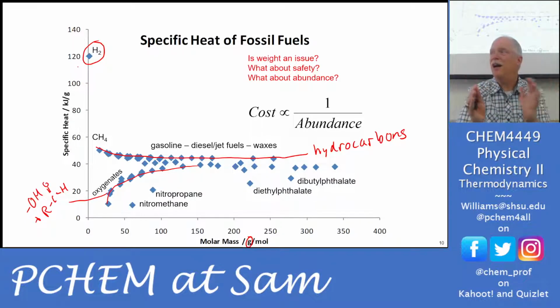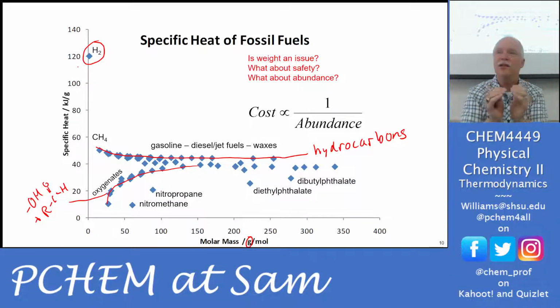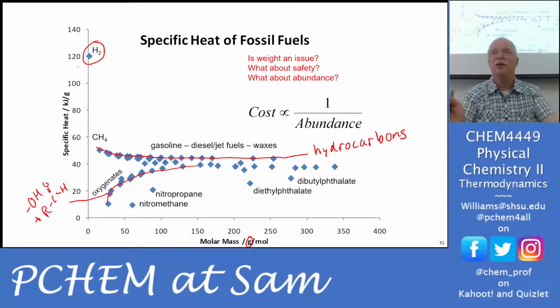So it turns out that this is not a good solution for transportation because it's so hard to put a lot of hydrogen in a small space. It's the least compressible. And if you're going to attach it to a catalyst, then you're going to run into problems of putting it on the catalyst and taking it off, and then the weight of the catalyst isn't doing anything. So now you're pushing around for transportation the weight of the catalyst, and it's not helping you, except holding hydrogen.